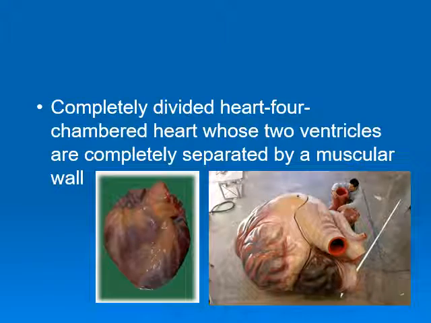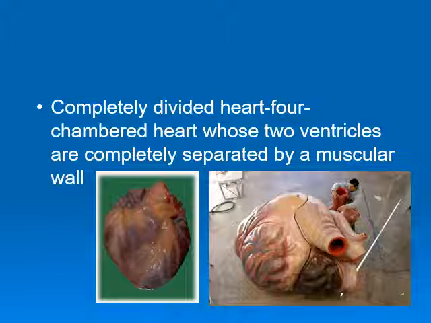Mammals are going to have a completely divided four-chambered heart, whose two ventricles are going to be completely separated by a muscular wall. The reason this is important is that it helps keep our oxygenated and deoxygenated blood separate from each other so that those different bloods can be pumped either throughout the body or back to the heart without mixing up those blood types, without losing oxygen.